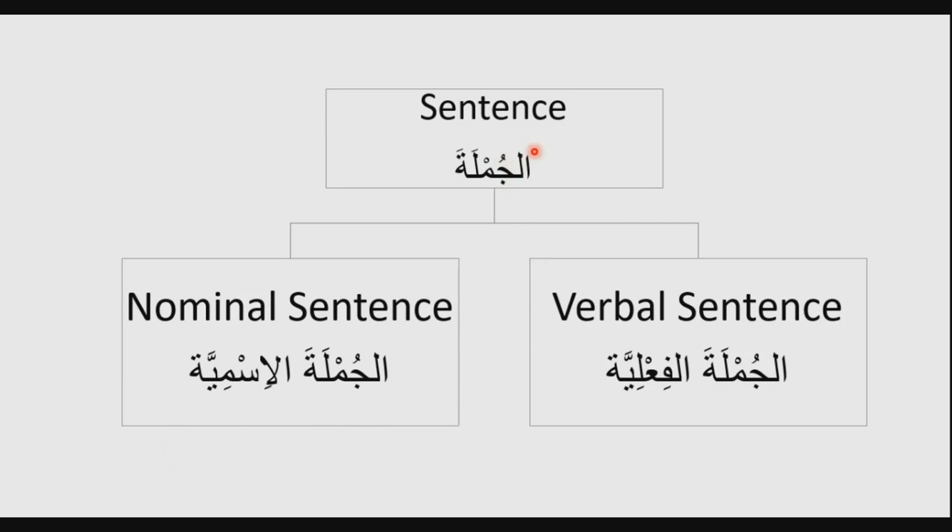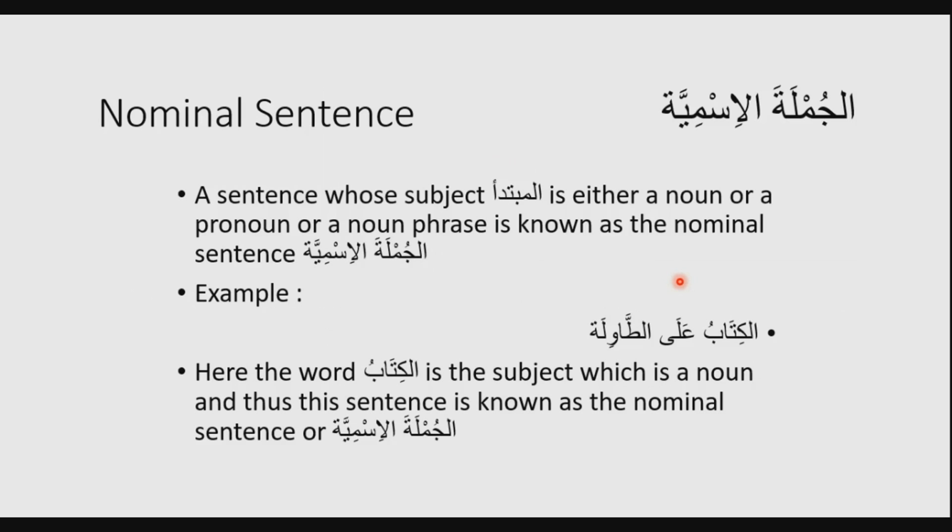And sentence, al-jumla. Sentence in Arabic is al-jumla, and this is again two. I have already described this: nominal sentences and verbal sentences. We go to them one by one. And jumla al-ismiya is the nominal sentence. So in here, the subject, al-mubtada, is either a noun or a pronoun or a noun phrase.